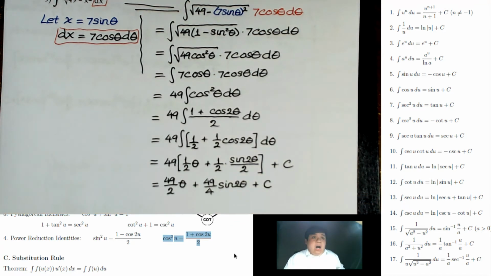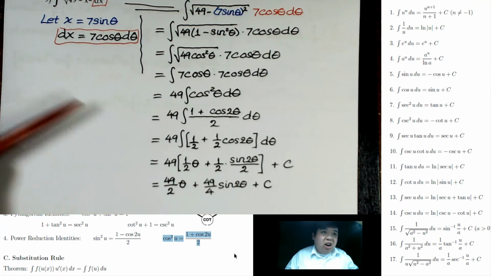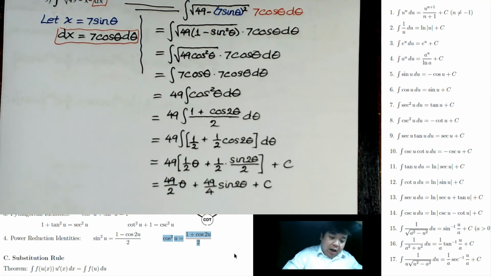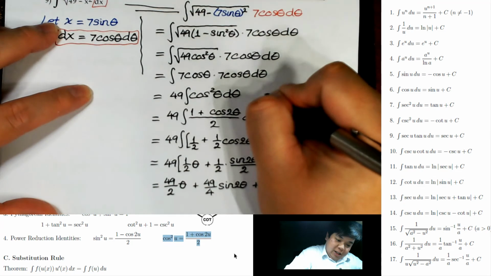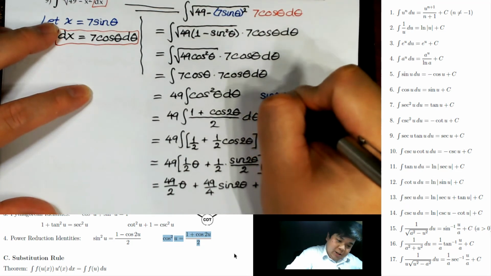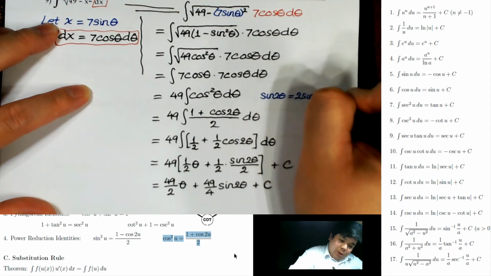Obviously, we need to go back in terms of x. But especially the sine of 2 theta doesn't help. We have an identity, so I just need to put that somewhere. First, sine of 2 theta is 2 sine theta cosine theta.